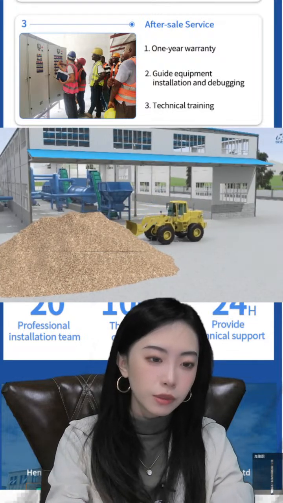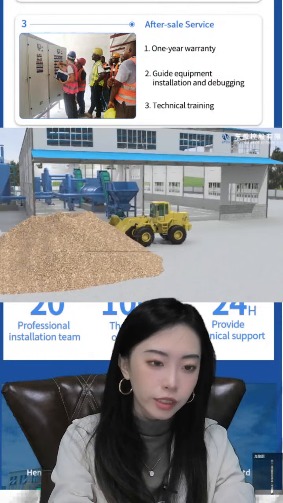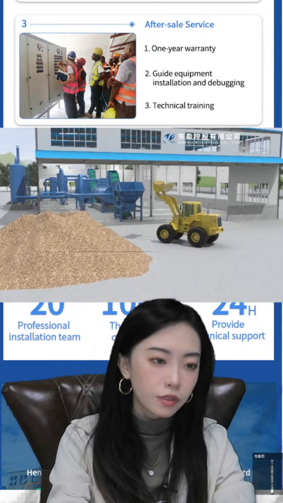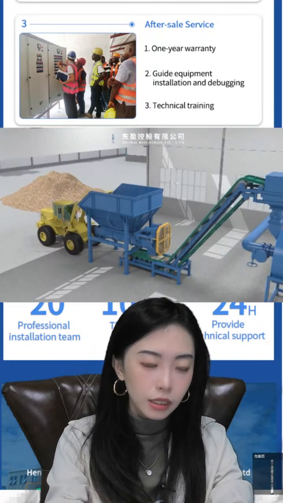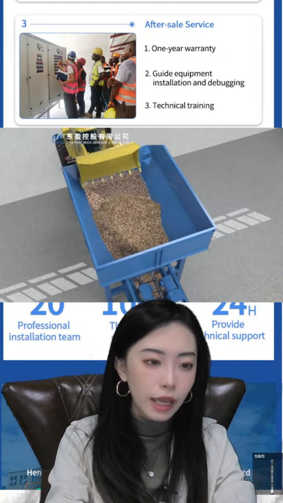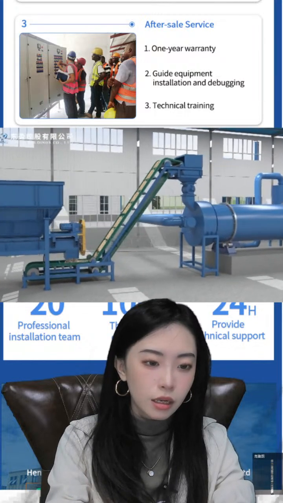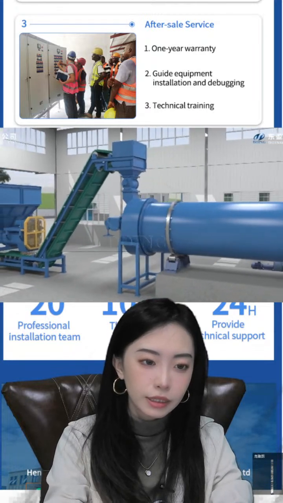The only pollution we have is the smoke, which we purify and release according to the standards of different regions. So we have different plans for you, the high standard or normal standard, to meet the purification policies. These are some devices for you, the odor removal system and the desulfurization system.